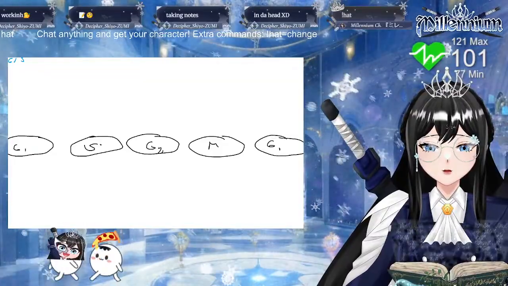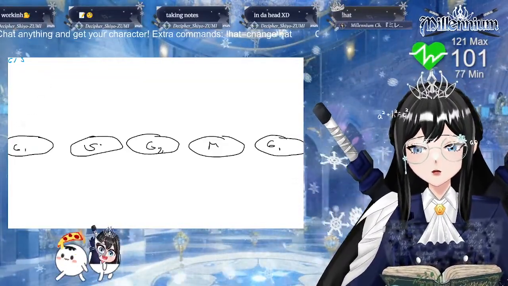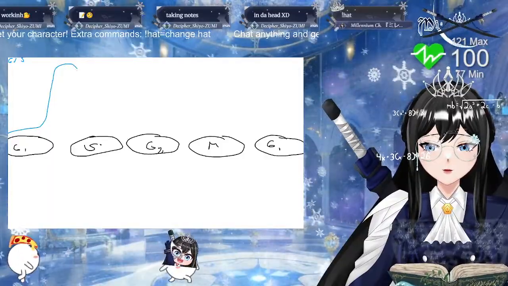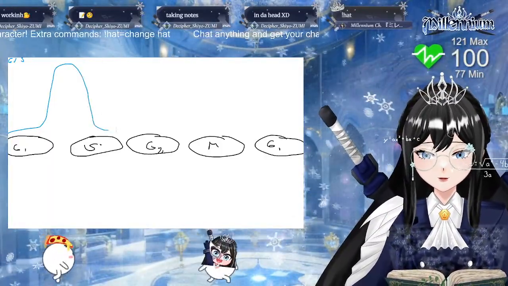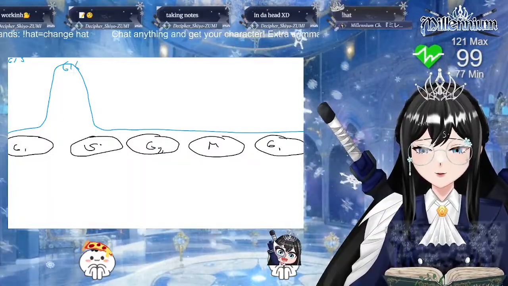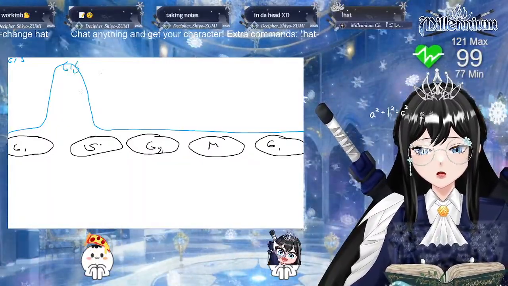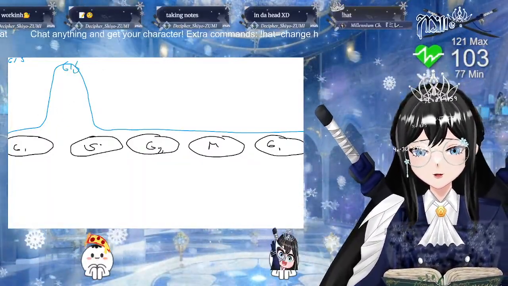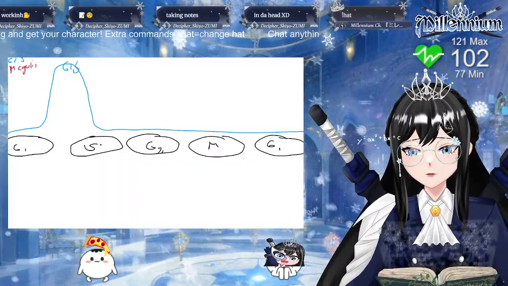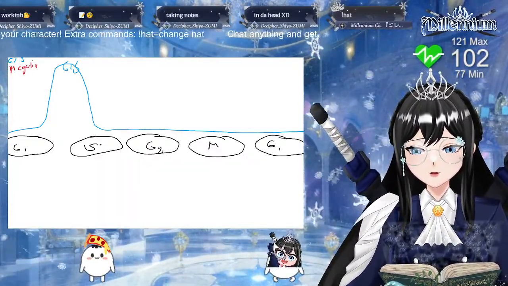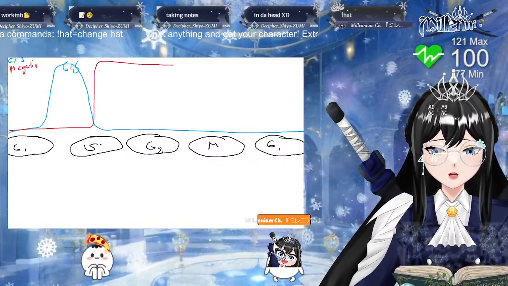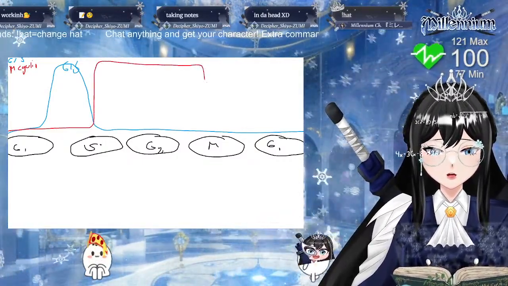Now, this G1/S will increase, peak here, and then lower here. G1/S. And then M would not be the green, it's going to be the red. M cyclin is gonna be up here. It's gonna go high here and then go low here.